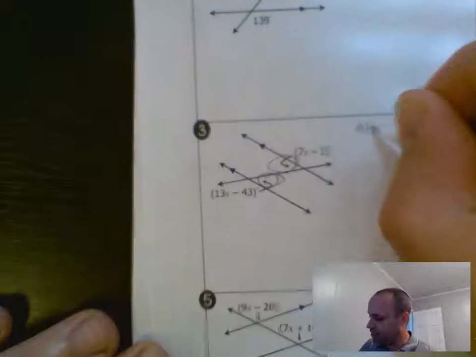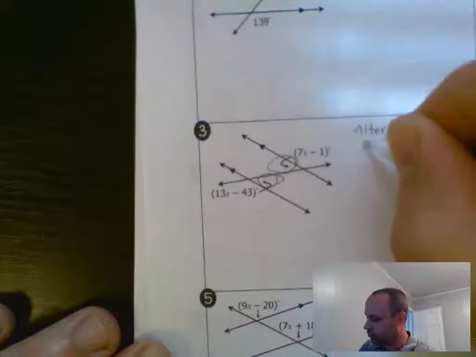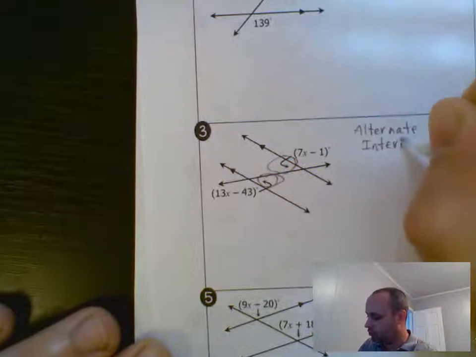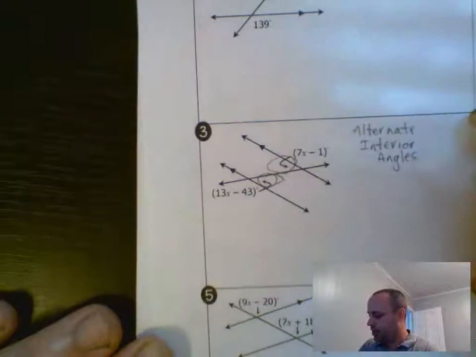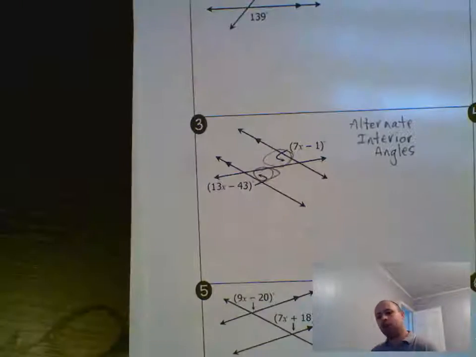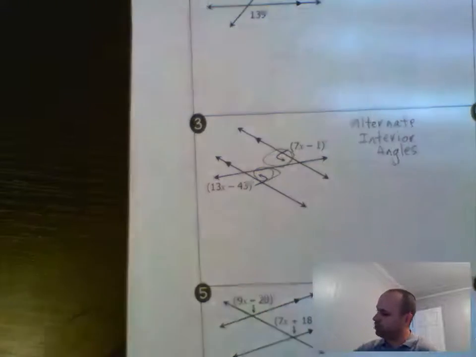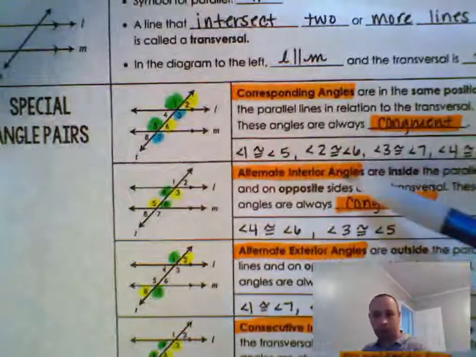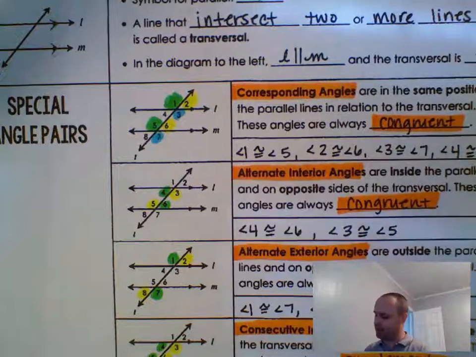Then you look back: what relationship do those have? Based on our notes, alternate interior angles are congruent to each other, which means they're the same size, same shape.